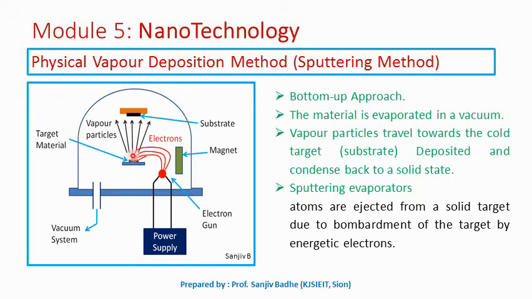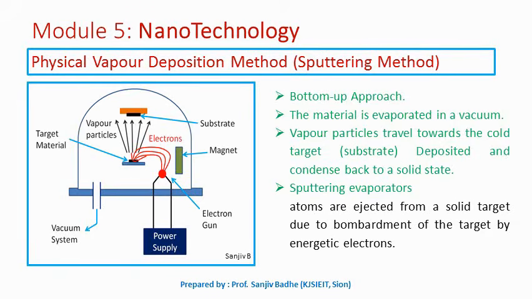The vapor particles will travel towards the cold target, which we are calling as substrate, get deposited there and condense back into a solid state. Now the difference is how these vapor particles are produced. In resistive methods, we used high resistance coil to produce the heat which is used to vaporize the material.